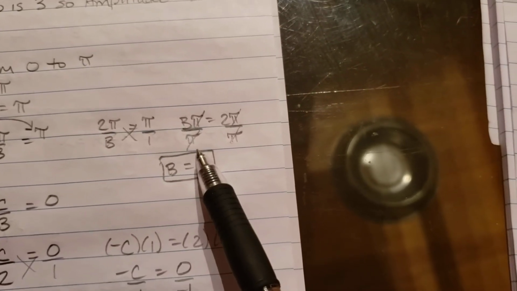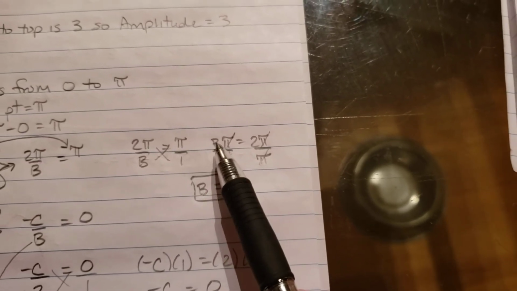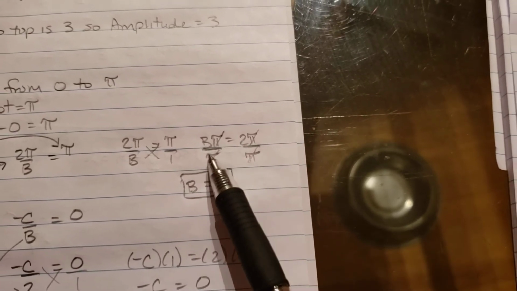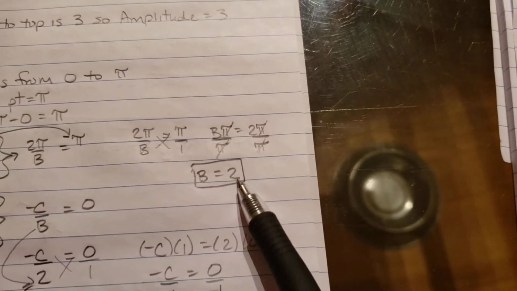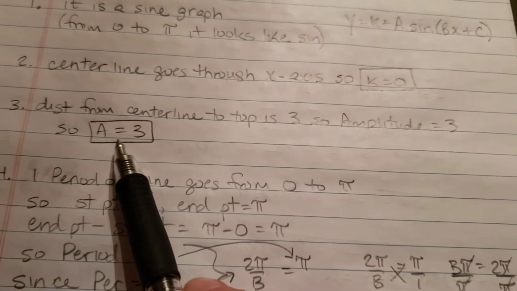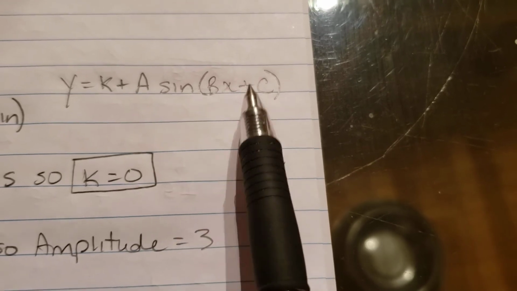Then we get b times pi, b pi, equals 2 times pi, which is 2 pi. Divide both sides by pi and you get b equals 2. So now we've got our b. So far we've got k, a, and b. For this equation up here, we need k, a, b, and c. So all we need now is c.